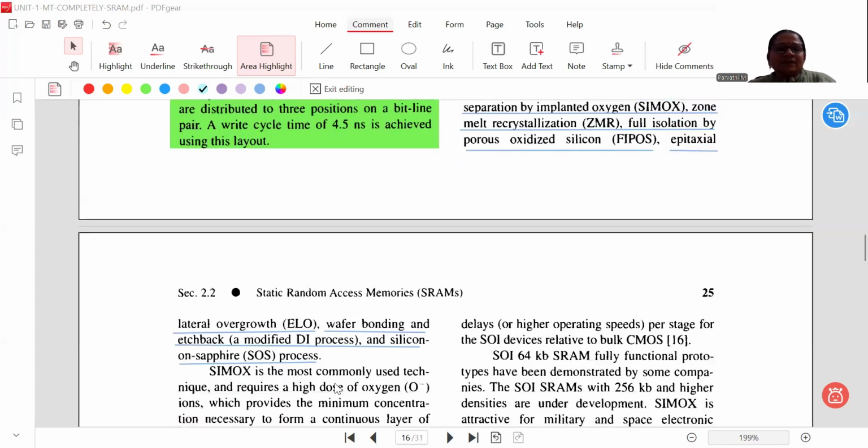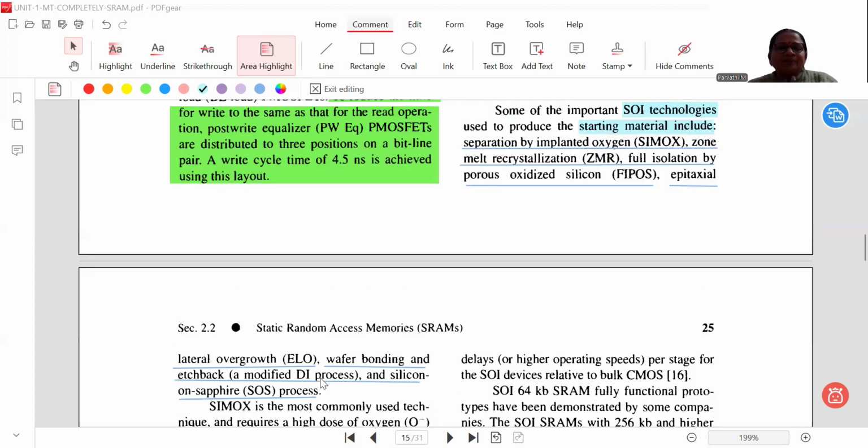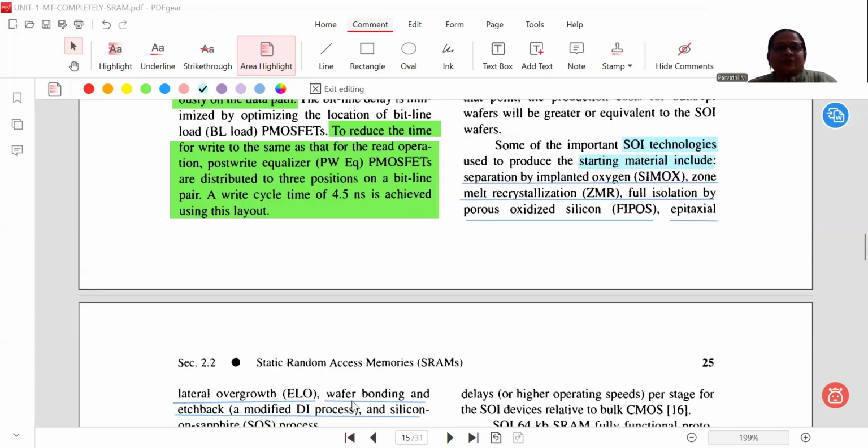Then epitaxial lateral growth is another technique. After the silicon and insulator substrate is formed, one thin layer of epitaxial growth can be taken so that the separation process is made easy to form between the components.